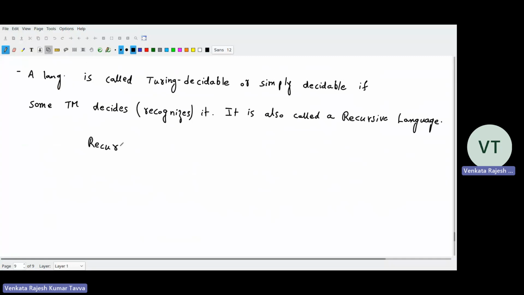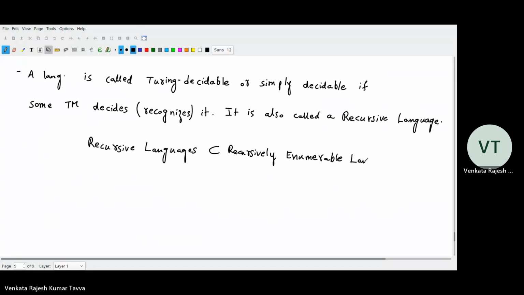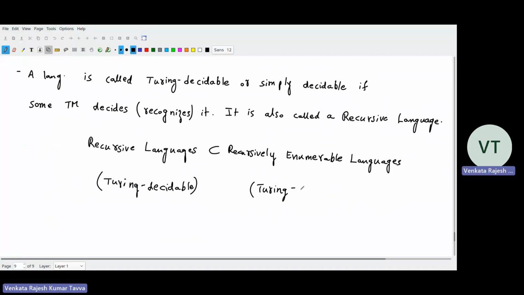So basically, recursive languages are a proper subset of recursively enumerable languages. Or, in other words, Turing decidable languages are a proper subset of Turing recognizable languages.